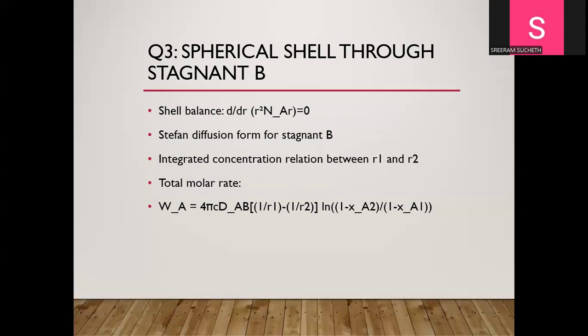The important idea here is that spherical geometry introduces radius dependent area changes, making the derivation different from the planar systems. By shell balance, we get the equation as d upon dr of r square into NA equal to 0. And the total molar flow rate we get as WA.